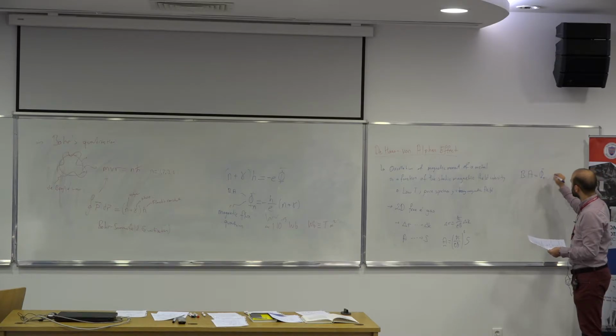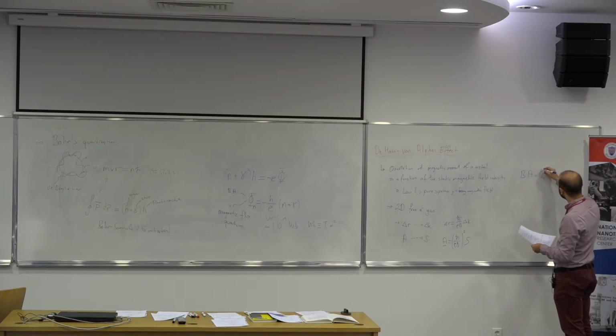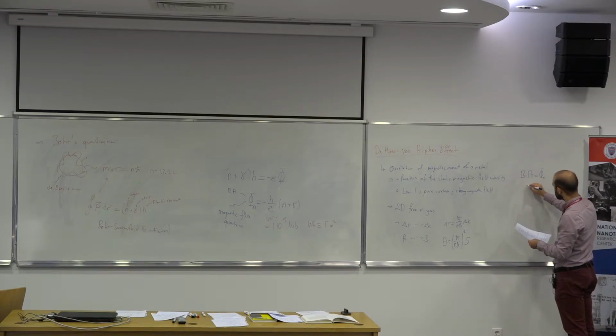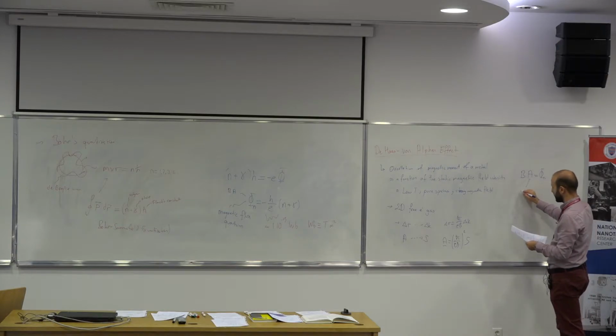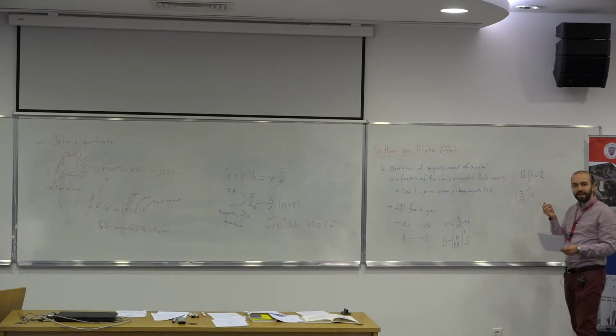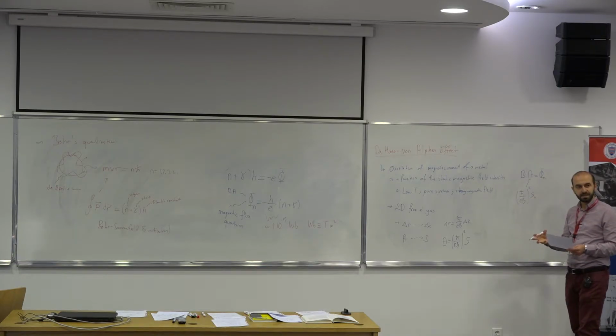Now I'd like to work with my quantum of the magnetic flux. Then I can replace this expression with h bar over eB squared S. So I would like to define an area in the k space that is also quantized.